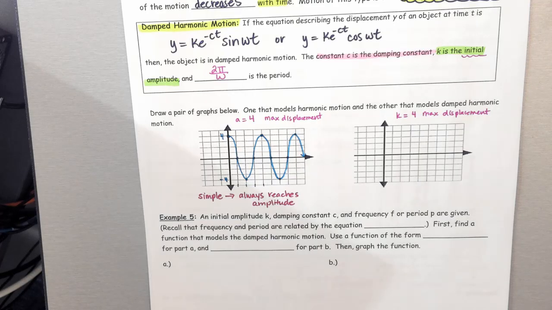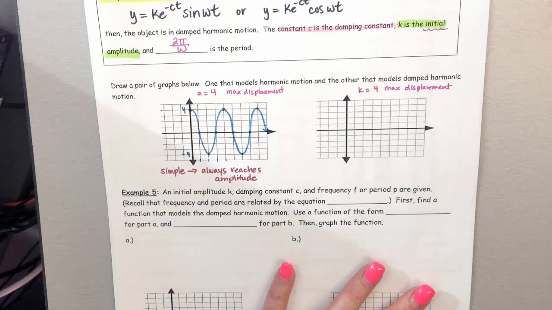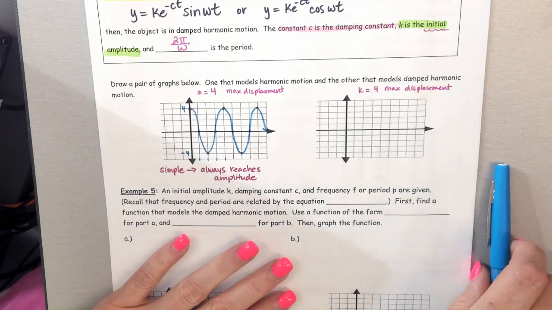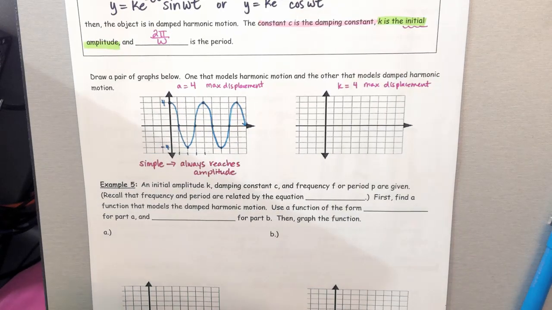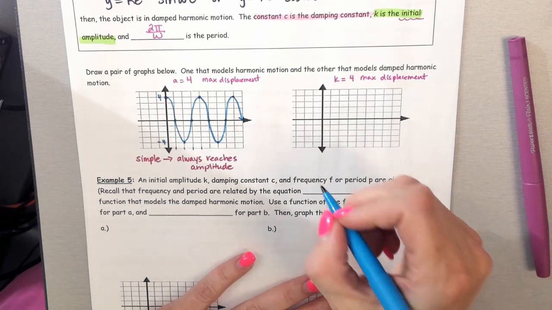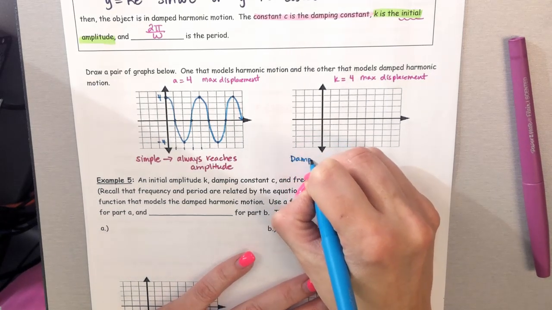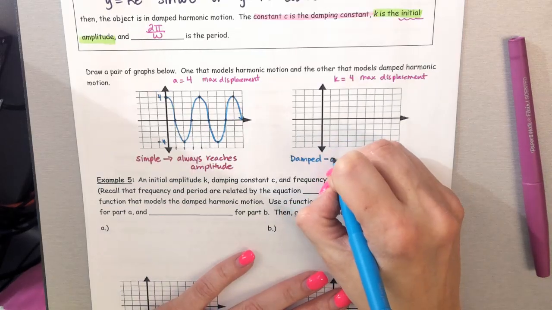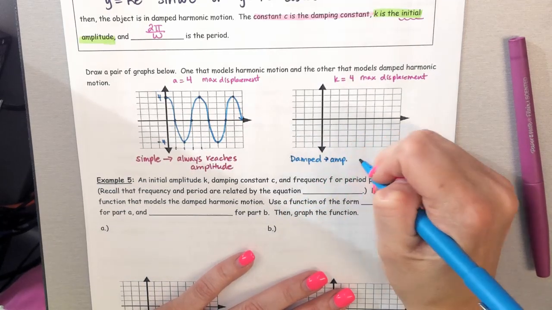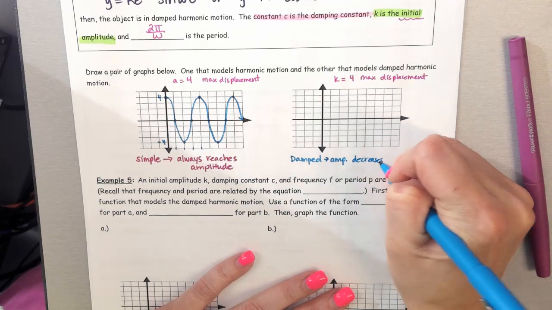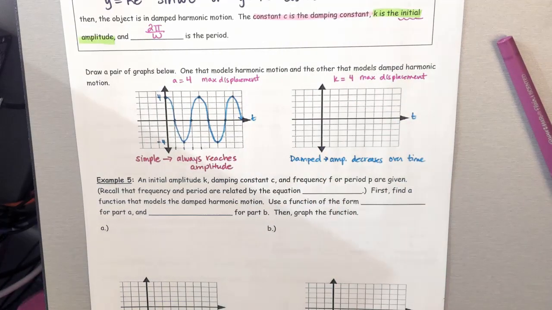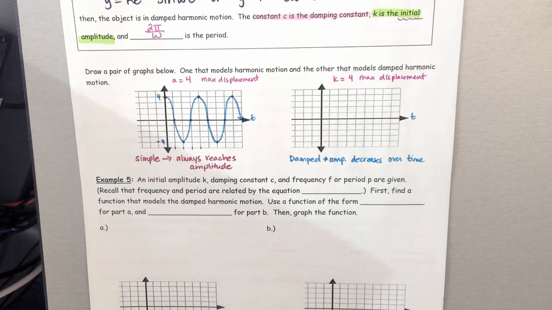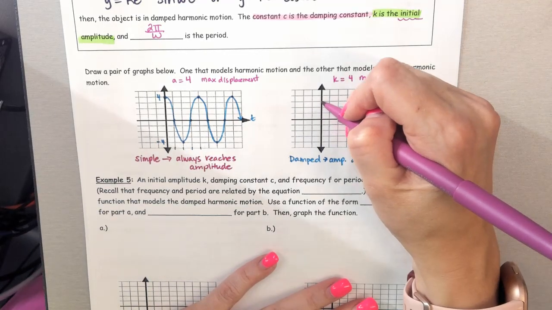Okay, so if it's simple harmonic motion, it's always going to reach your amplitude. Okay, for damped harmonic motion, the amplitude decreases over time. So for this one, we're going to start at 1, 2, 3, 4.